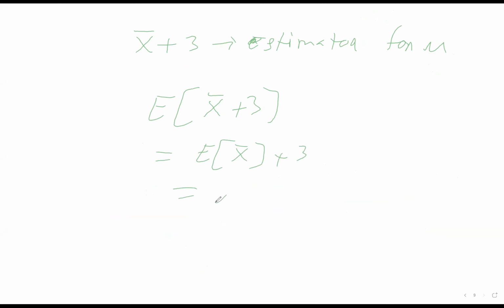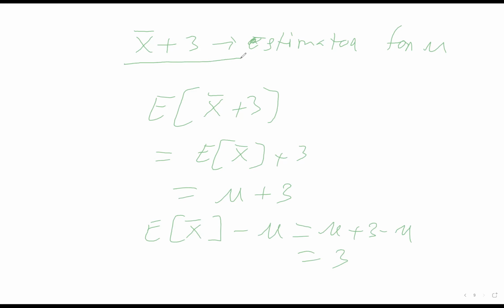So this is mu plus 3. Then the expected value of x bar plus 3 minus mu is equal to mu plus 3 minus mu, which is 3. That means this is not 0. The difference is not 0. So this is a biased estimator, x bar plus 3.